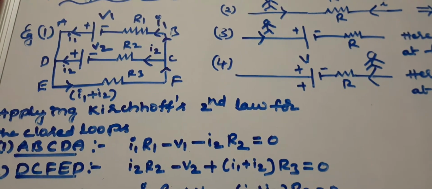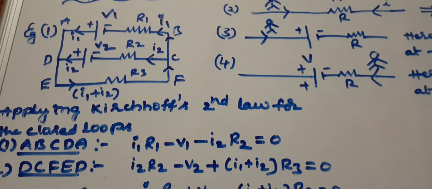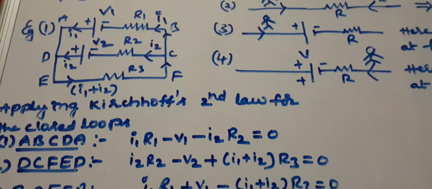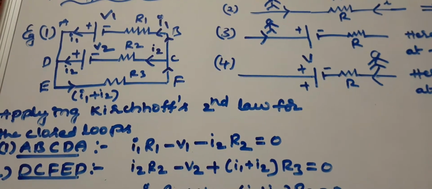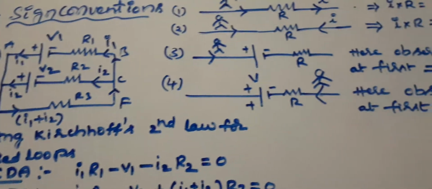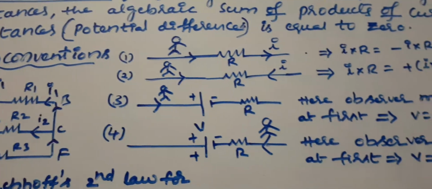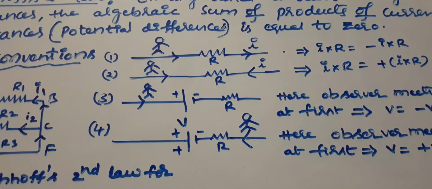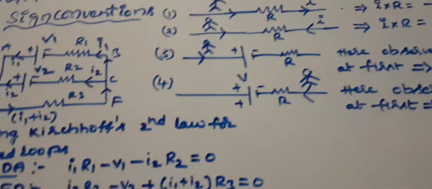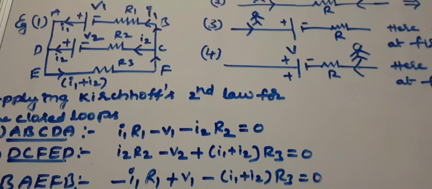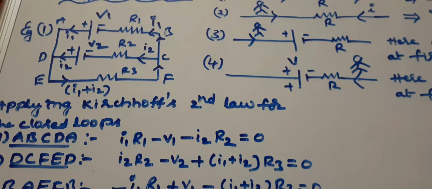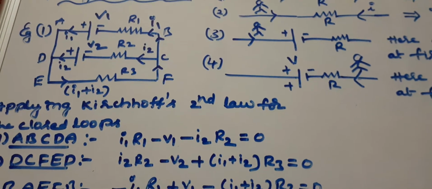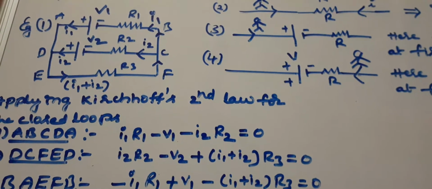Now C to D, students. The observer has moved from A to B and B to C. Now the current I2 is moving from C to D, along the direction of the current, as in the first figure. I into R will be minus, so minus I2 R2.